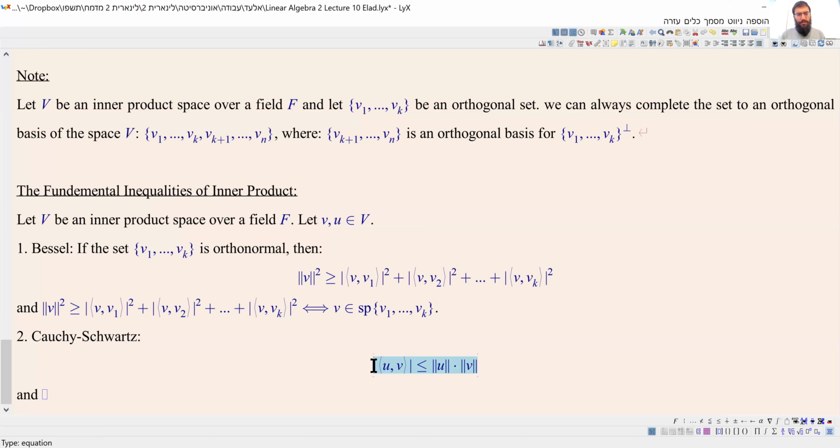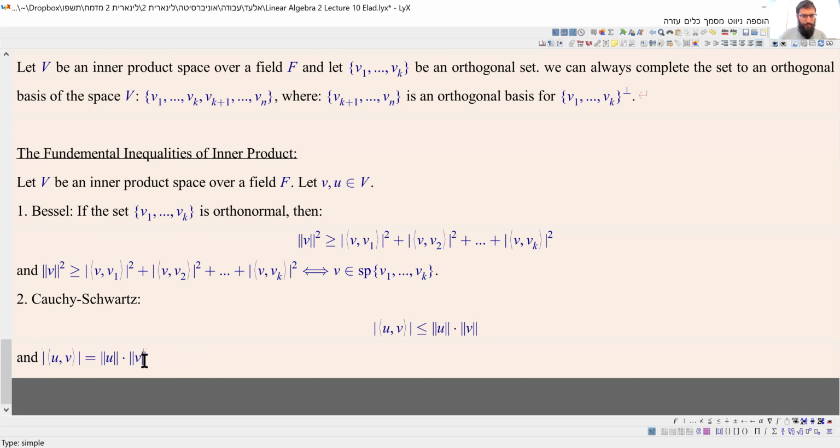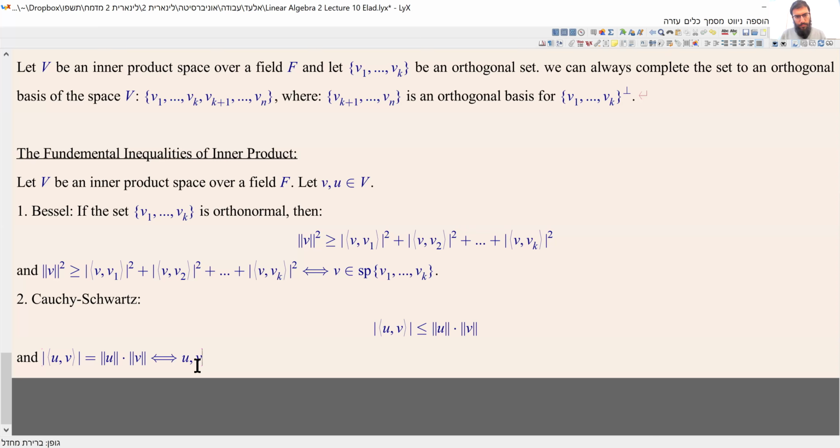When the multiplication of the norms equals the absolute value of the inner product, if and only if the vectors U and V are linearly dependent. This is our Cauchy-Schwarz inequality.